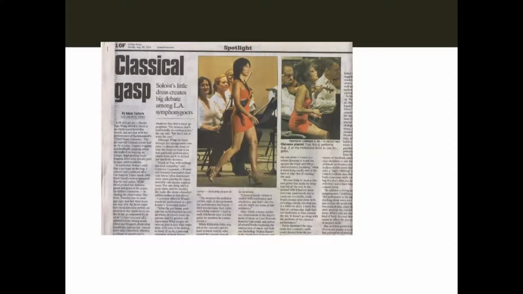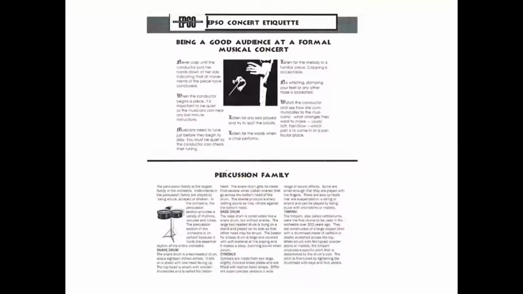What is this slide? I think this is an important slide. This is from the El Paso Symphony Orchestra, right? Concert etiquette. Look at what it says.